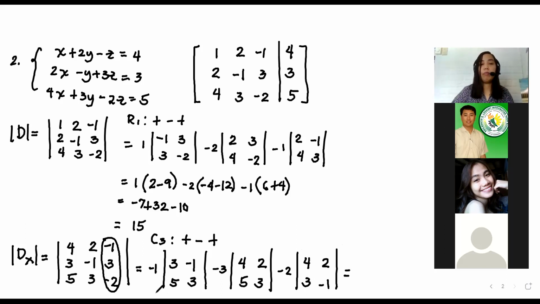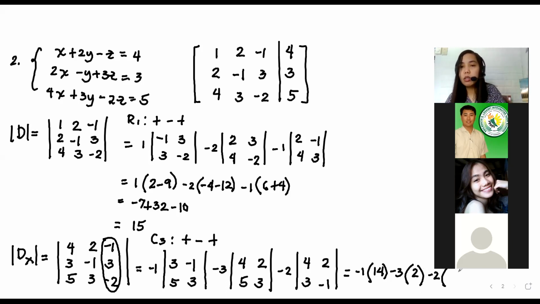Then simplify. So negative 1 multiplied by 9 plus 5. It's 14. Next, minus 3. I didn't write this anymore, class, because there is not enough space. 4 times 3, it's 12 minus 10. It's 2. Minus 2. Negative 4 minus 6.